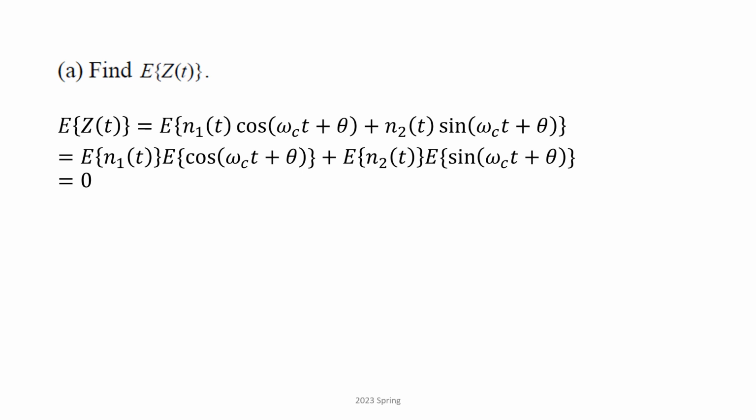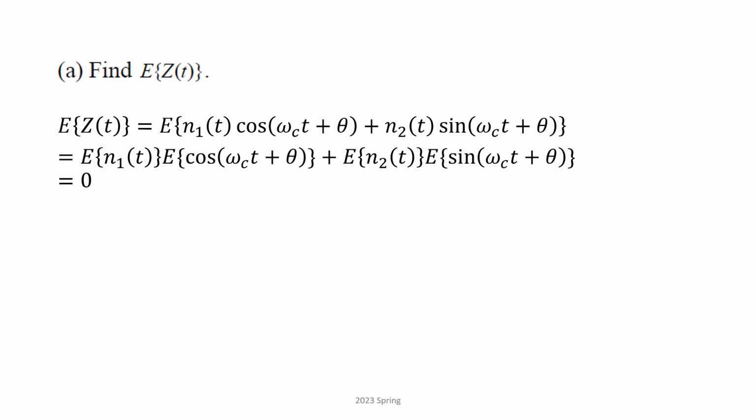The first subproblem is to find the expectation of Z(t), and it equals the expectation of N1(t) times cosine(omega_c t plus theta) plus N2(t) times sine(omega_c t plus theta), and we know it equals the expectation of N1(t) times the expectation of cosine(omega_c t plus theta), plus the expectation of N2(t) times the expectation of sine(omega_c t plus theta).